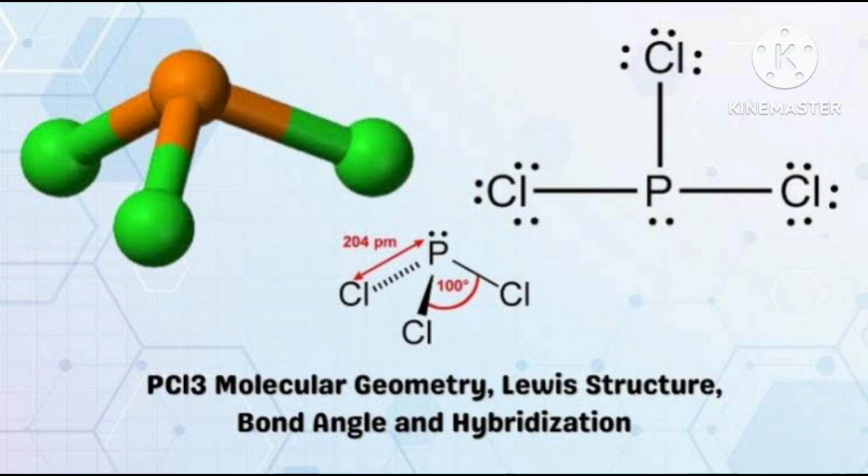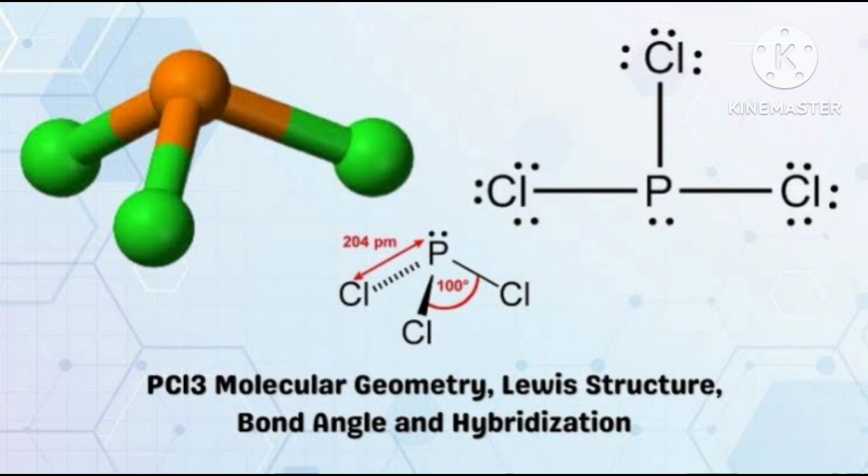PCl5 plus H2O gives POCl3, phosphorus oxytrichloride, or directly phosphorus oxychloride. This is the main product. The other product is HCl. The balanced equation is PCl5 plus H2O gives POCl3 plus 2HCl.